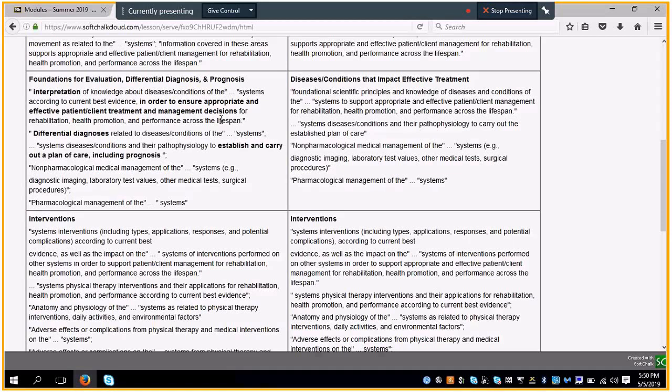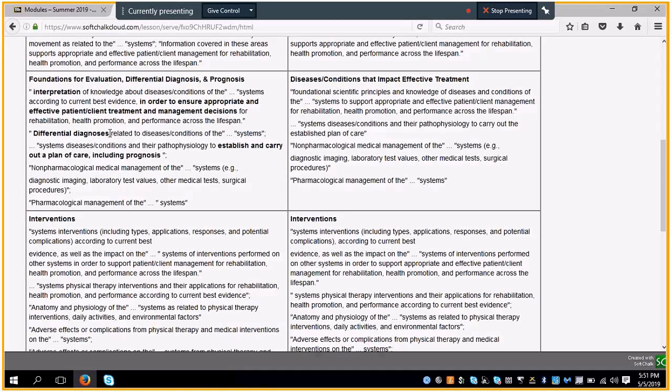Now, the added responsibility is that the interpretation is at a more complex level to guide decision making. And differential diagnosis, which will be thematic across many of your courses in this program, is an added component in order to determine, are there other things going on, and what systems and what components of this person's body systems are actually contributing to what we're seeing clinically?